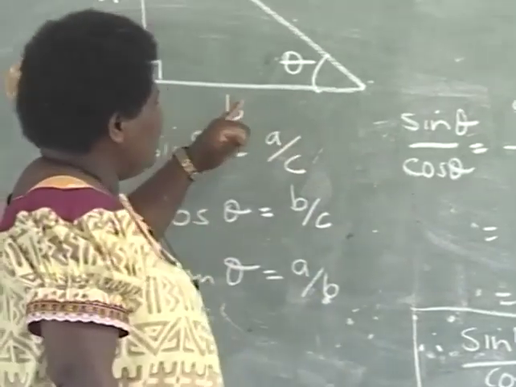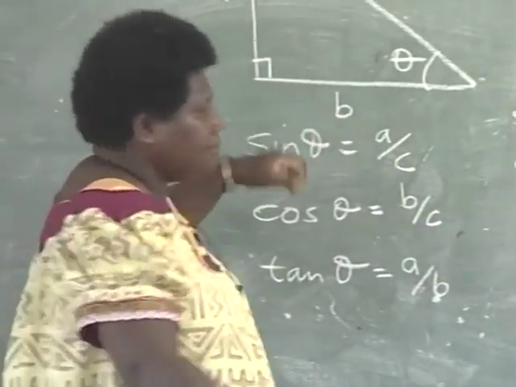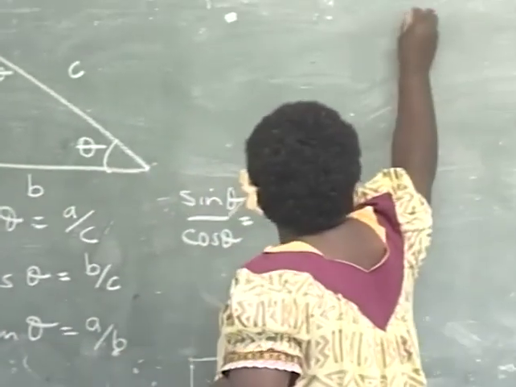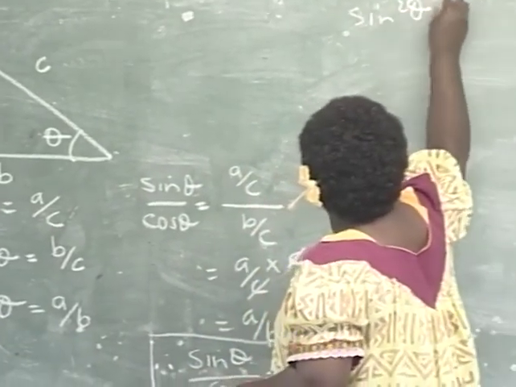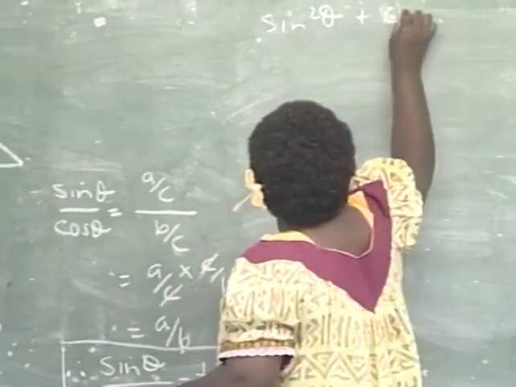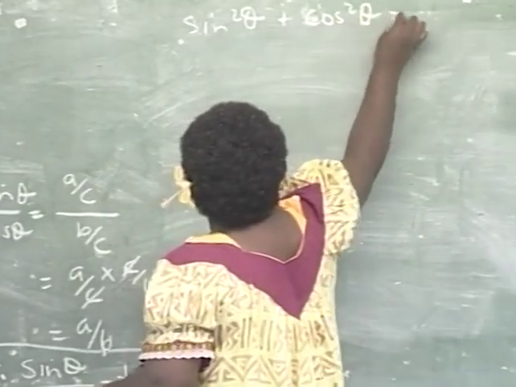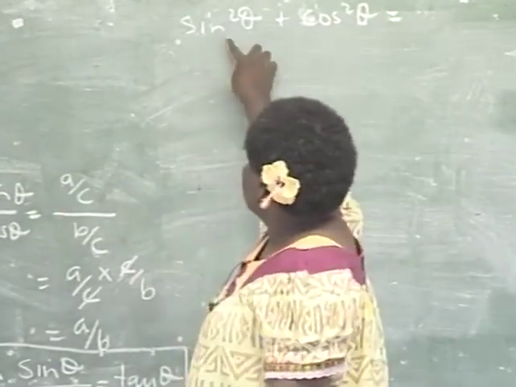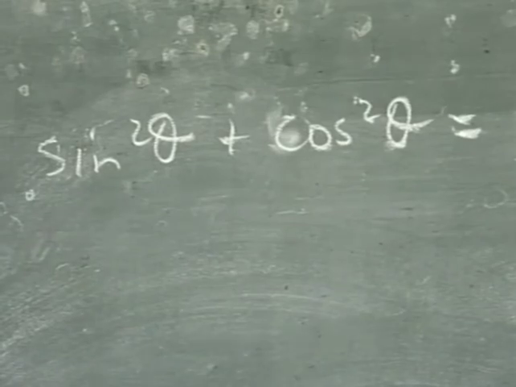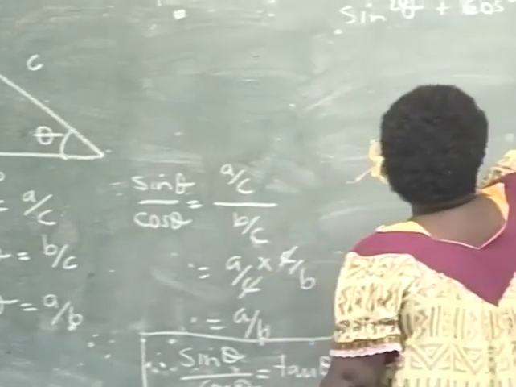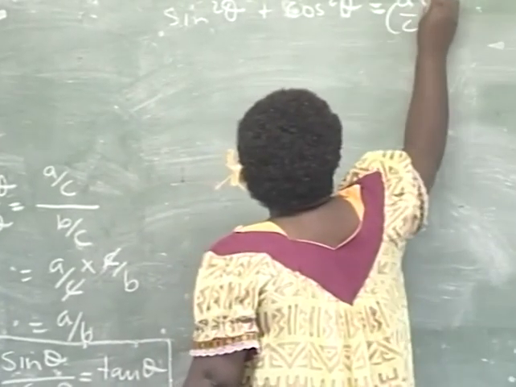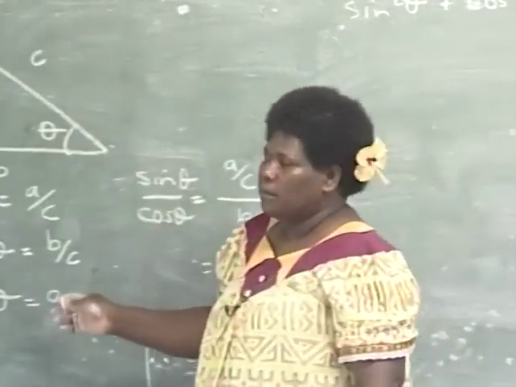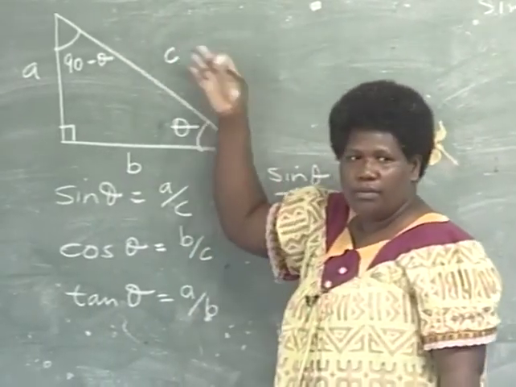Okay, in the triangle here, sine square theta plus cos square theta is equal to, all right, sine theta is a over c, so square it. So a over c squared plus cos of theta is b over c.